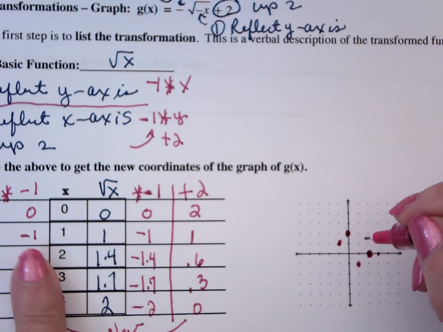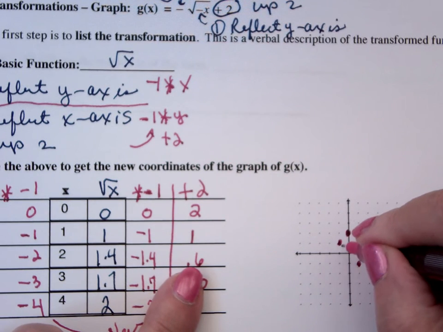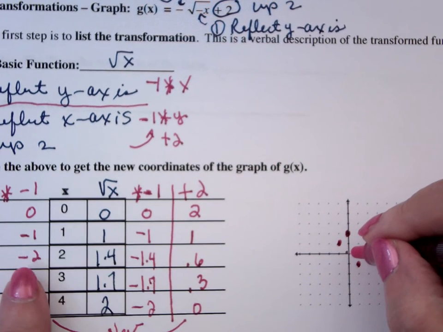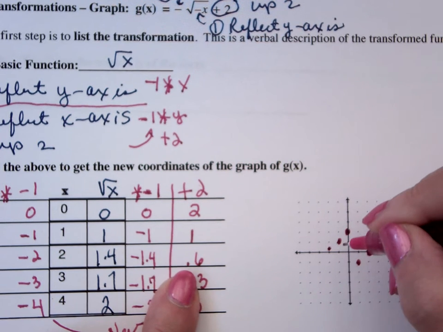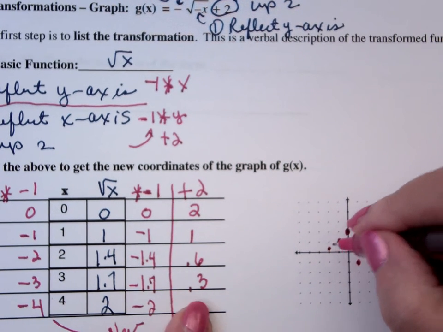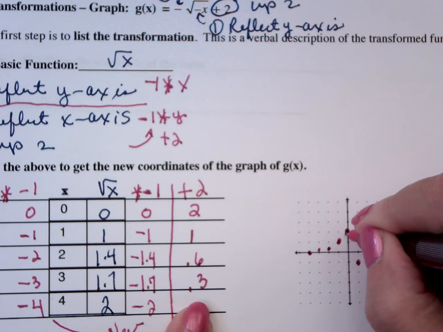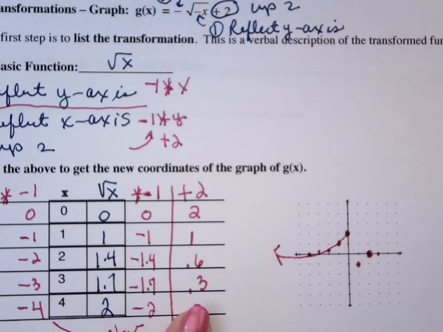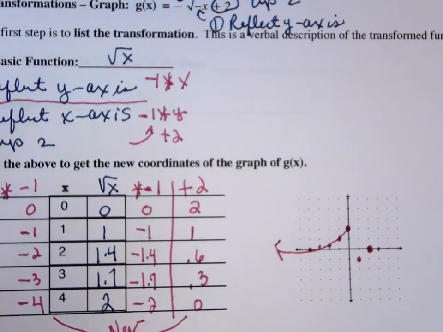It's -1, 1. Okay. -2, 0.6; -3, 0.3; -4, 0. So that's kind of what he should look like.